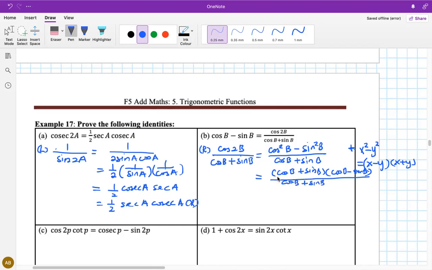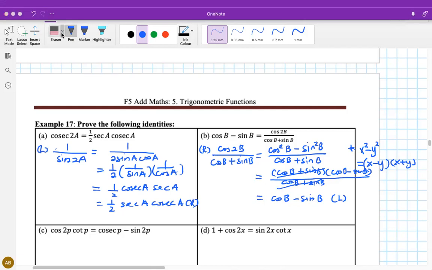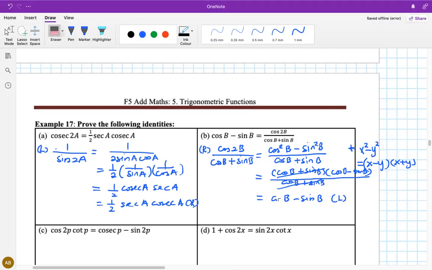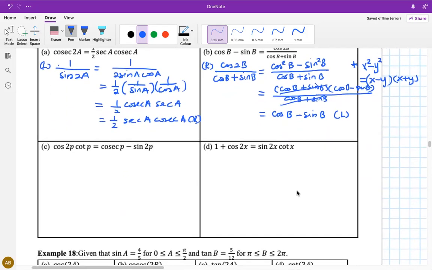So you can see here, I simplify, so I will get the answer cos b minus sine b. So this is the left hand side. Okay, so maybe I can write properly. Then C, we can prove from left to right.